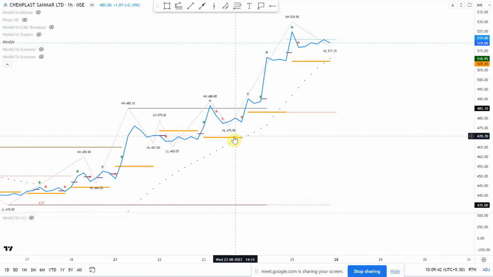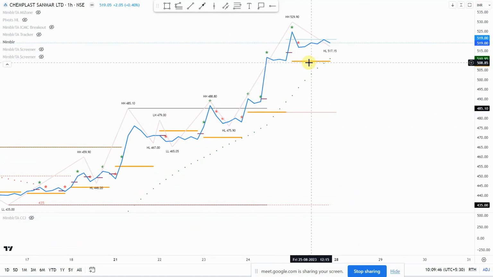Over here, we prominently see some orange lines. These orange lines are the open of the days. The recent open of the day is marked over here, which is 509.45. So for Chemplast, the open of the day was 509.45. Then we have multiple other depictions.